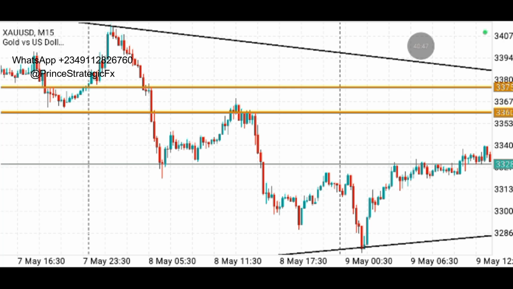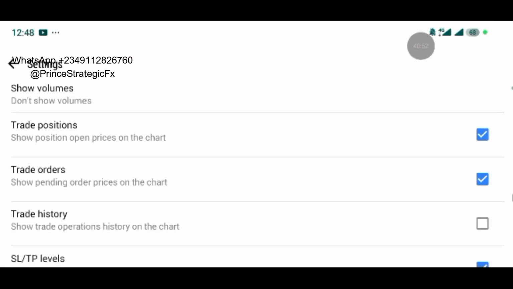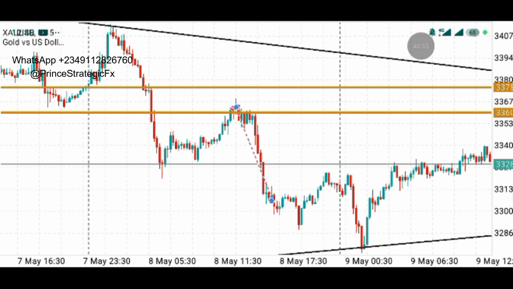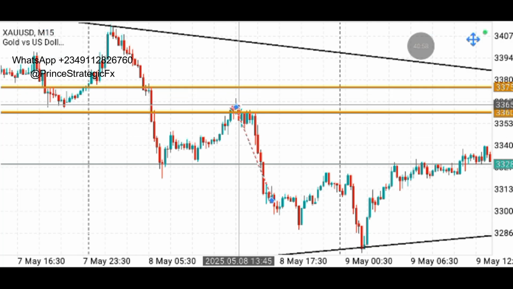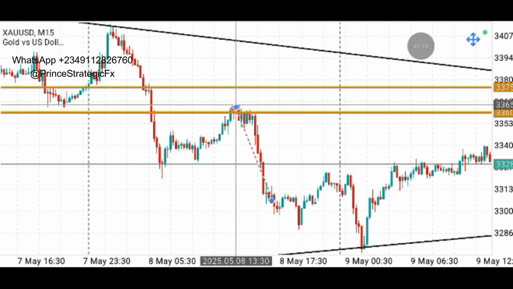If I turn on trade history, you're going to see it. You can see price took me out when I entered at first. But because I was very confident that the market was going to sell, because this is a strategy that I've been using for years, I just knew that the market was going to sell. There is something about when you know very well that price is going to sell, come rain, come sun, it will definitely sell.